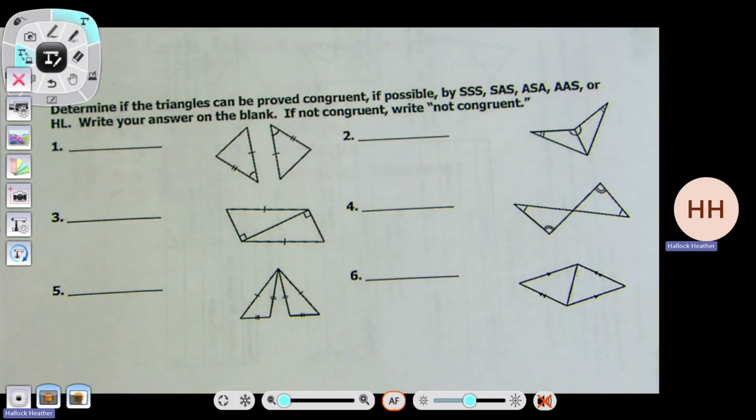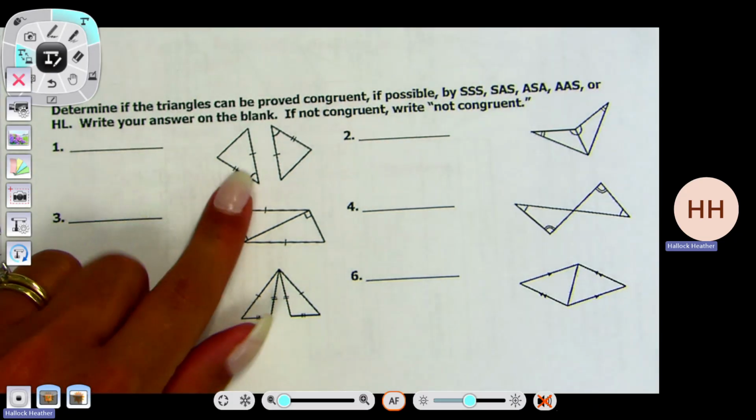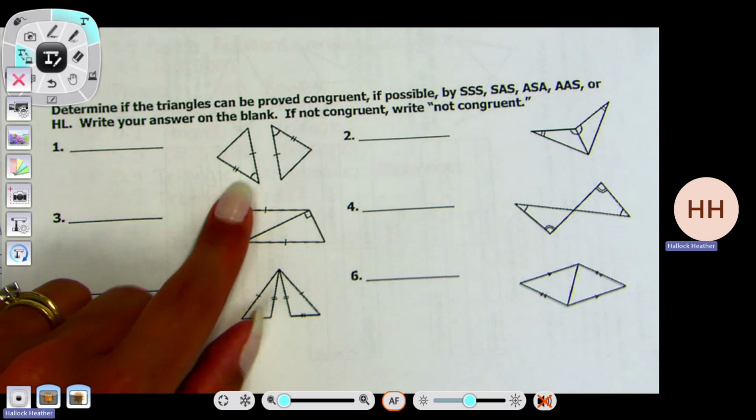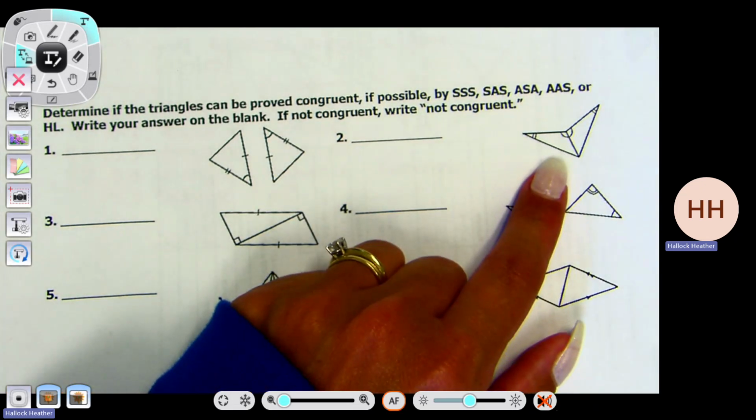Okay, what's number 1? SAS. Number 2. SAS. Wait, that one? AAS.